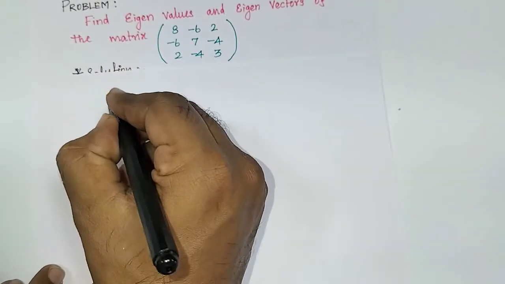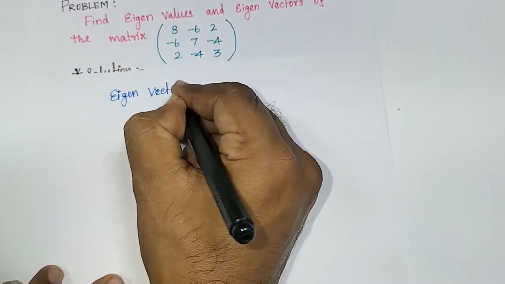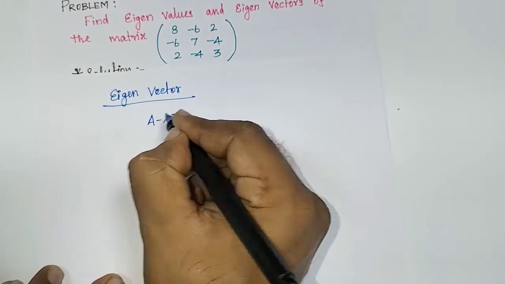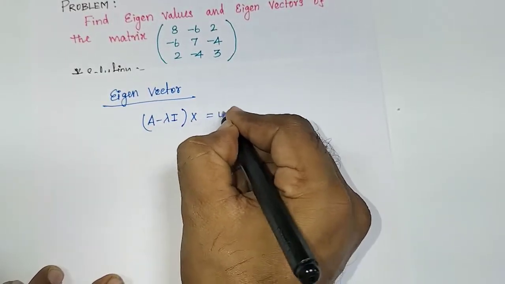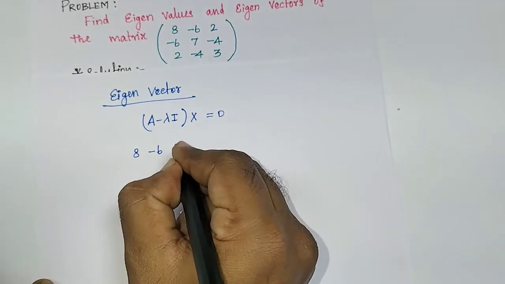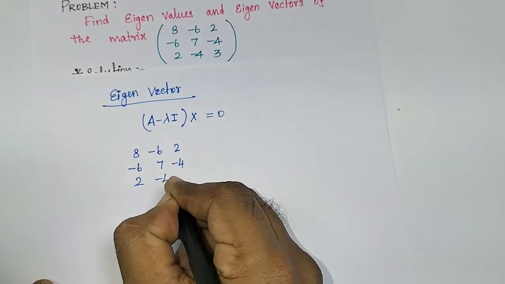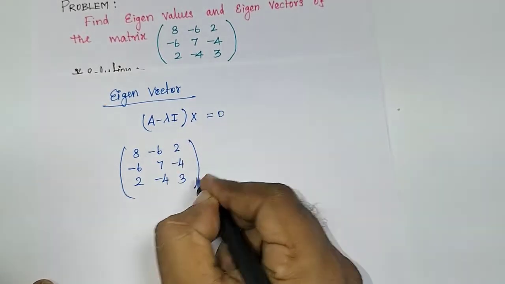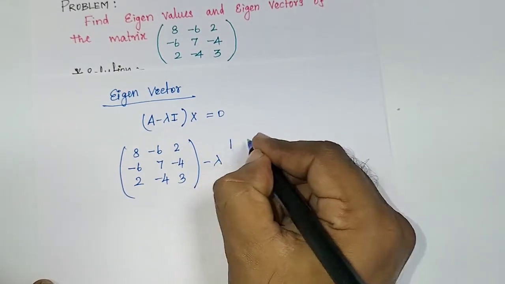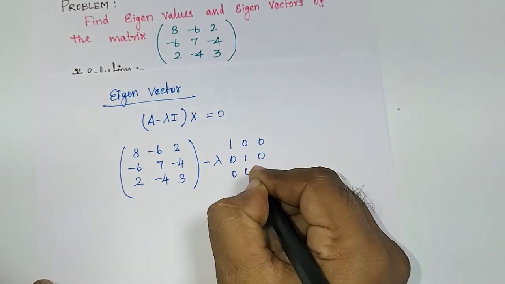Next I am going to find the eigenvectors. The formula is (A minus lambda I) into capital X equal to 0. Here A is the given matrix 8 minus 6 2, minus 6 7 minus 4, 2 minus 4 3, and minus lambda into I, where I is the identity matrix. Depending on our given matrix, I will take the 3 by 3 matrix 1 0 0, 0 1 0, 0 0 1.